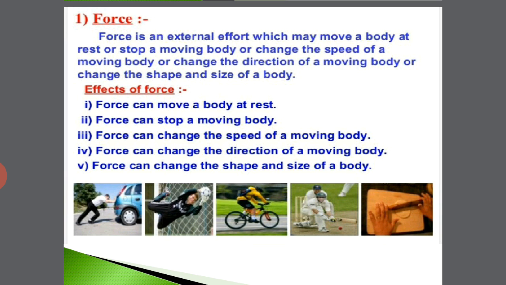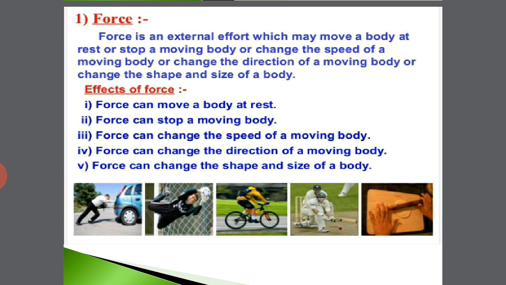So force is an external effort which may move a body at rest or stop a moving body or change the speed of a moving body or change the direction of a moving body or change the shape of a body.